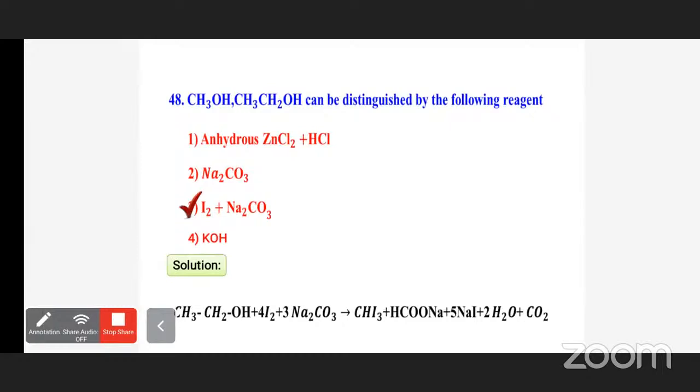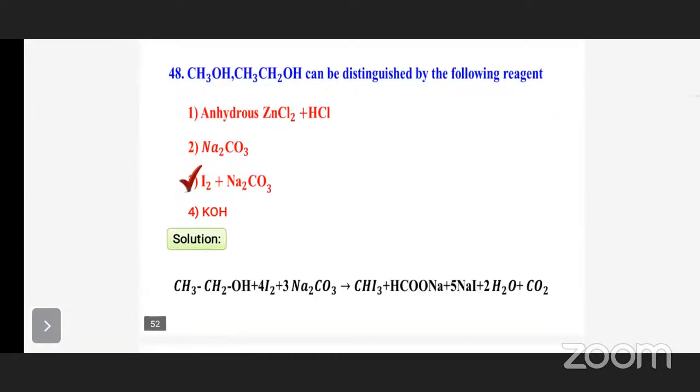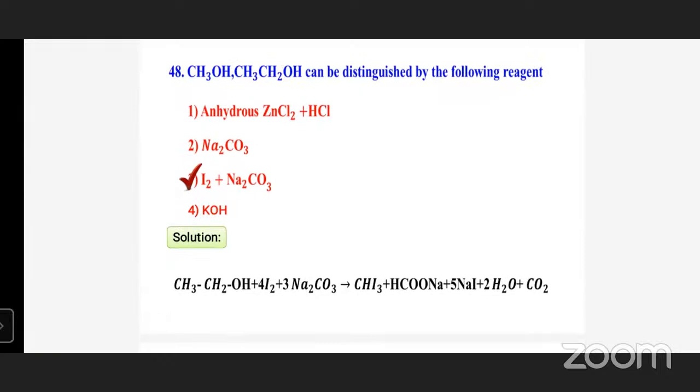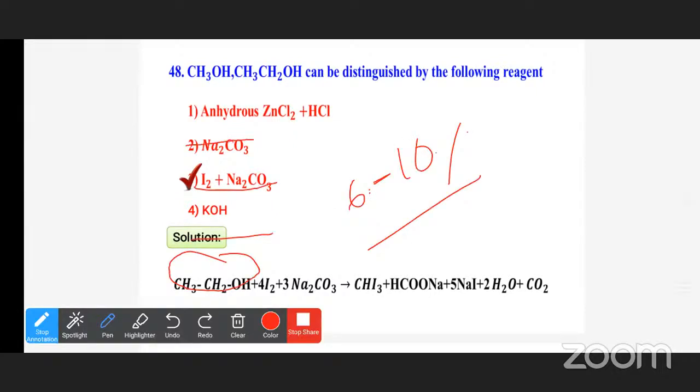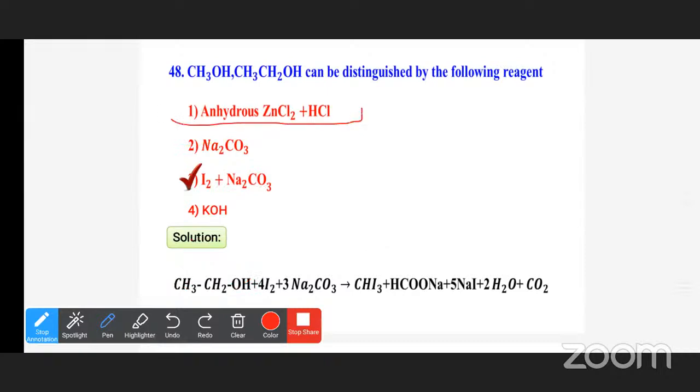Next question, student. CH3OH, methyl alcohol, and CH3CH2OH, ethyl alcohol, can be distinguished by the following reagents: anhydrous zinc chloride plus HCl, sodium carbonate, iodine and sodium carbonate, KOH.